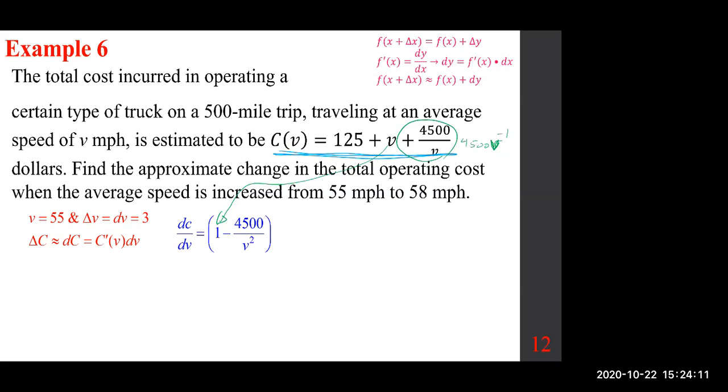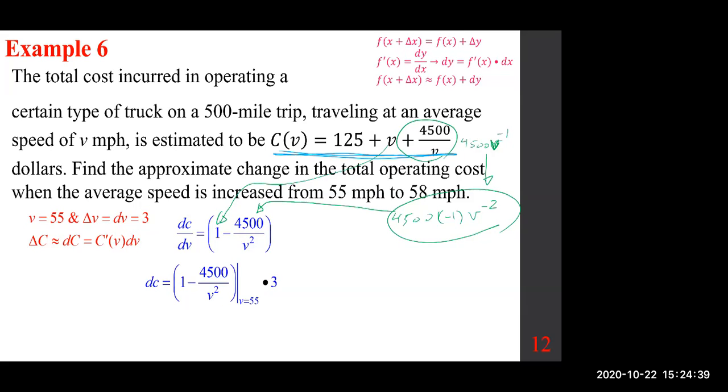Then if you are differentiating this, it becomes 4,500 times -1 V to the power of -2. And this whole thing is the second piece. So what is dC? The same thing times dV, okay, class?